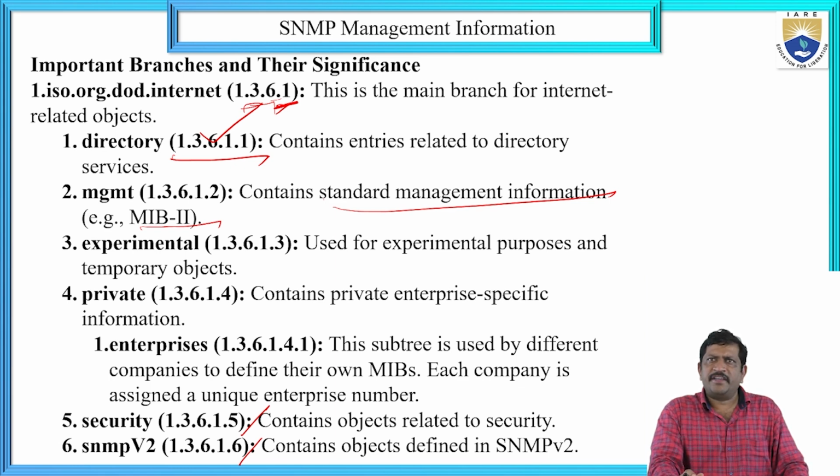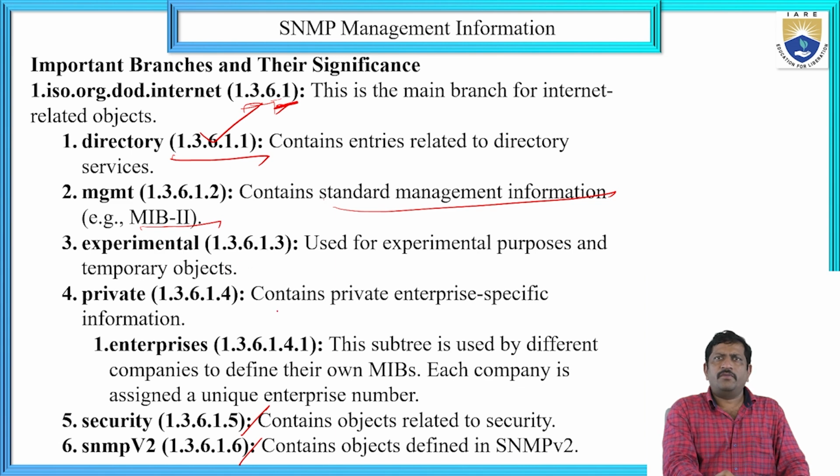Each company is assigned a unique enterprise number, that is 1.3.6.1.4. This unique sequencing number can be utilized for effective and secure communication between the two devices.